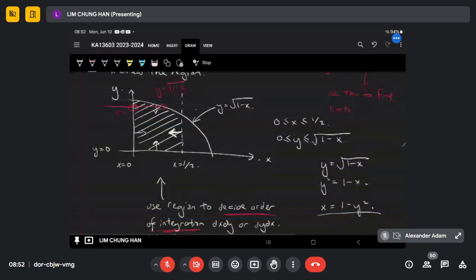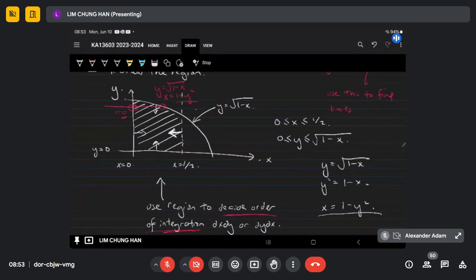You hit this line, y equals this, and you can rearrange it to get x. It's actually x equals what? We did it just now. x equals 1 minus y squared. So that's our limit: 0 and 1 minus y squared.